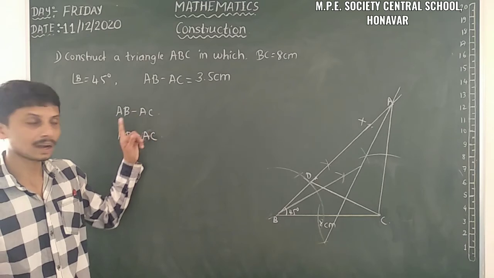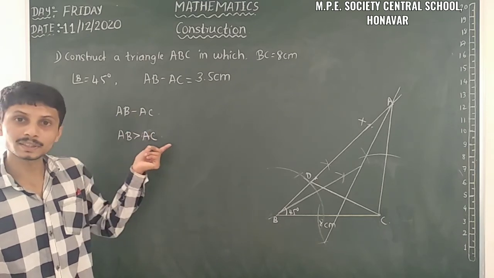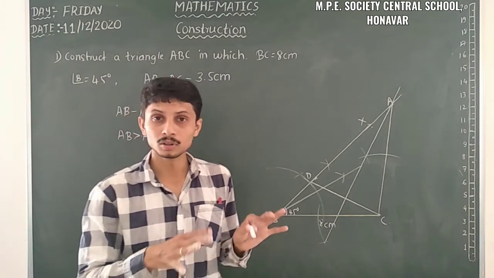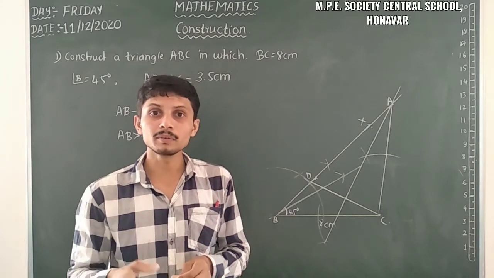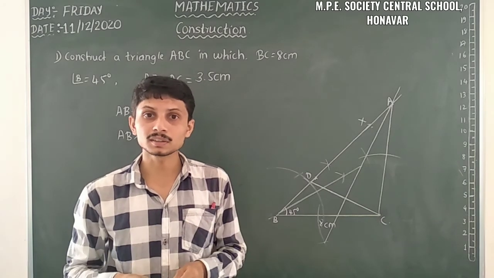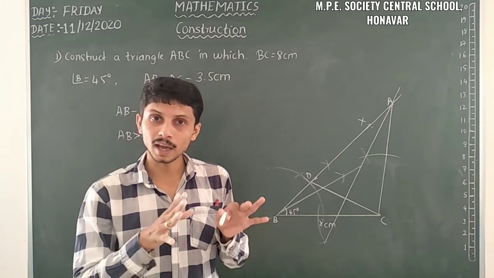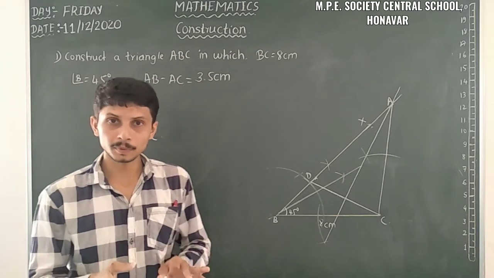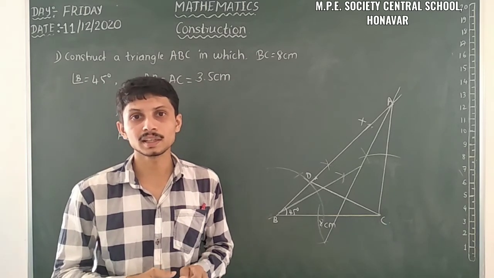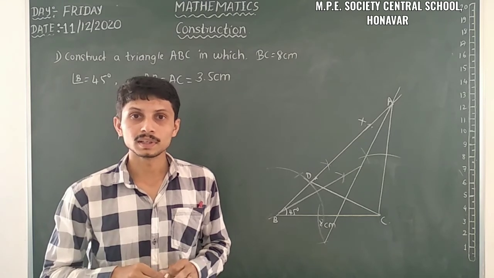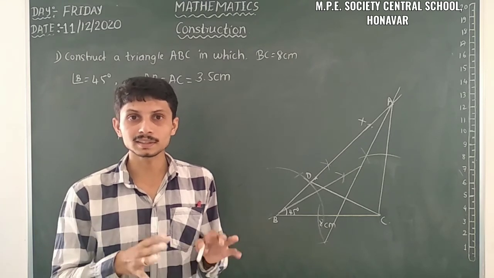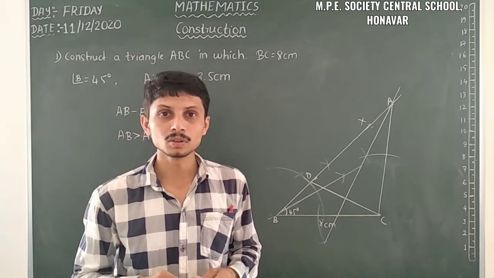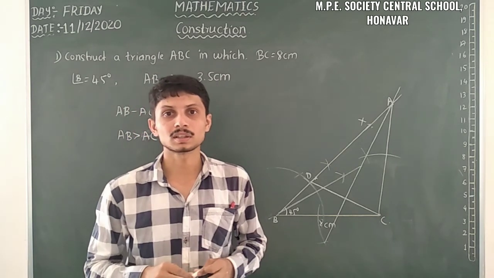In the next video, we have to discuss how to construct a triangle when we have a base, base angle and difference of other two sides, in which AC is greater than AB. At that time we have to take AC minus AB. So I hope you understood this construction.